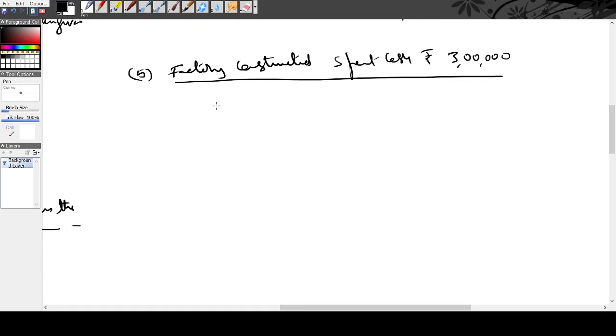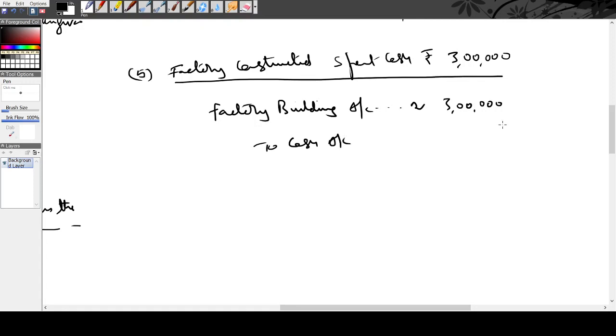We are constructing a factory building, so I'll write factory building debit. It is an asset for the business. The building is going to give us benefit for more than a year. It is an asset. Hence, I'll debit factory building with 3 lakhs. And in return, we have paid cash towards the expenses. So cash account is credited. What is the logic?